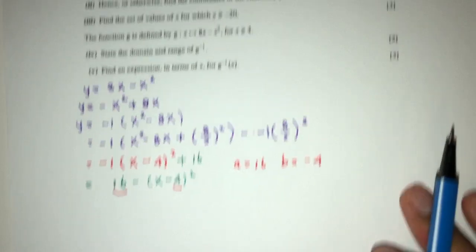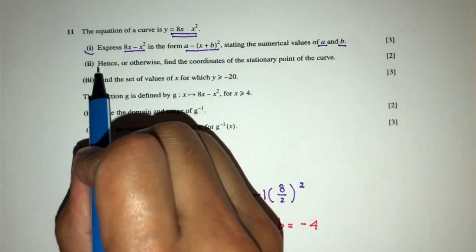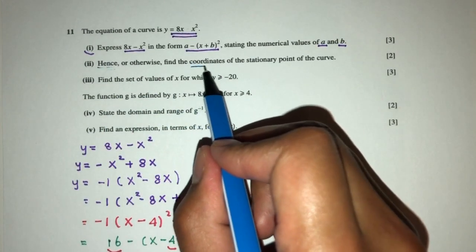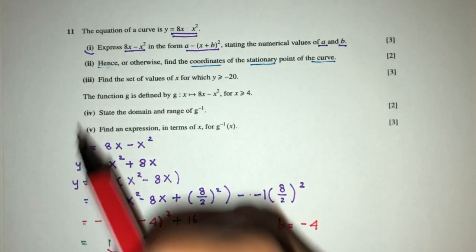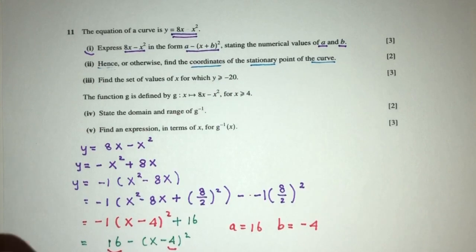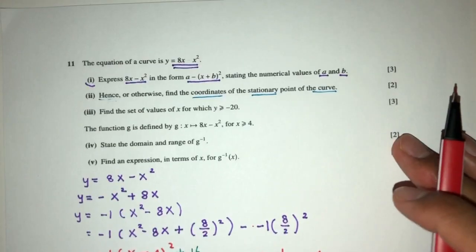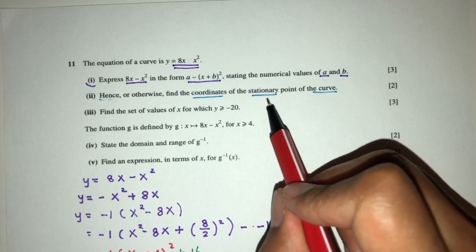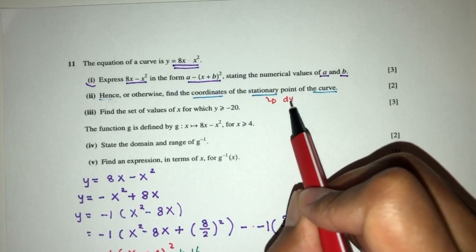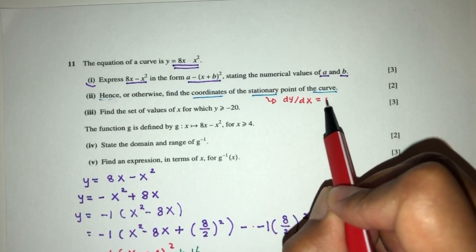Now for part 2: hence or otherwise, find the coordinates of the stationary point of the curve. Hence means we have to use this, otherwise you don't need to; it is up to you. So let's choose not to use this for now. How would you find the stationary point of a curve? You know that at the stationary point, dy by dx has to be 0. So let's find this.